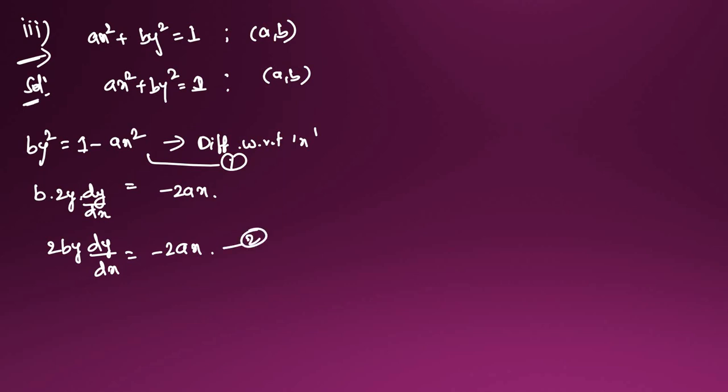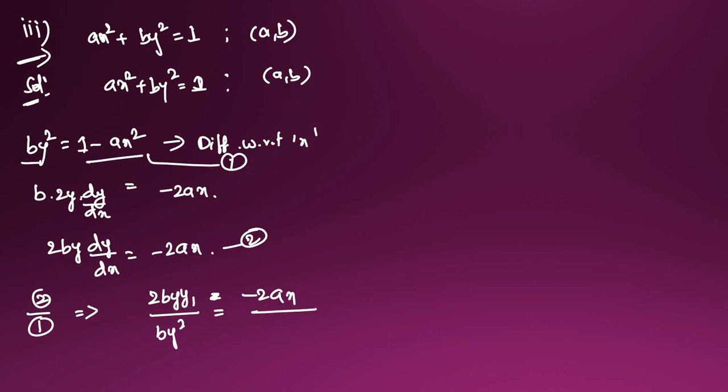So I will do the first by the second. 2by y1 by by square is equal to minus 2ax divided by 1 minus ax square.